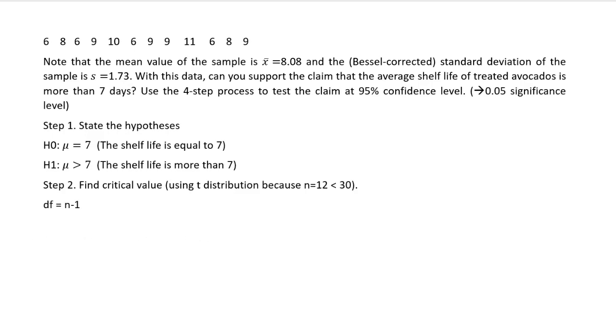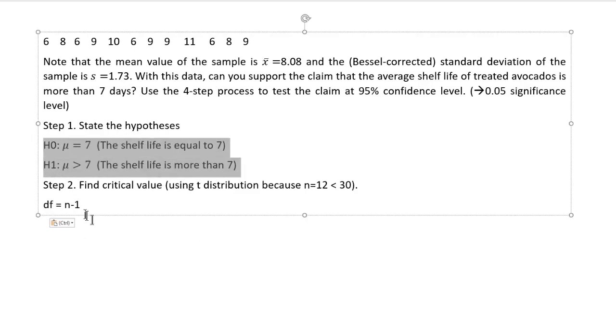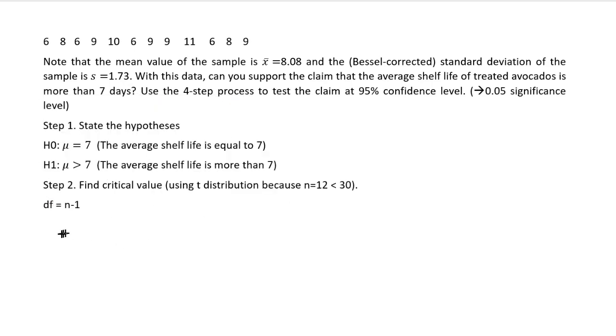Okay, and to do that, we first have to know the degrees of freedom, which we didn't need when we were trying to find the critical value for z. In that case, you don't need the degrees of freedom, but we do need to find the degrees of freedom if we are to use the t-distribution. Okay, and 12 minus 1, 12 is the value of n, so we got 11 as the degrees of freedom.